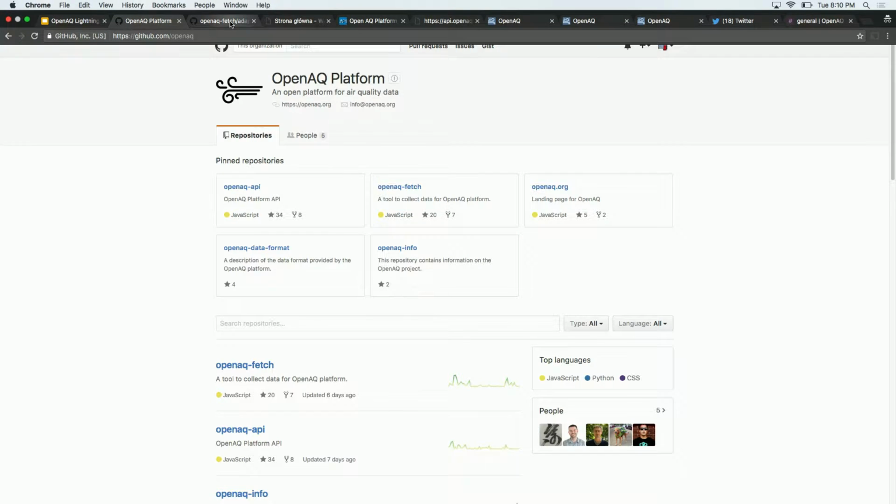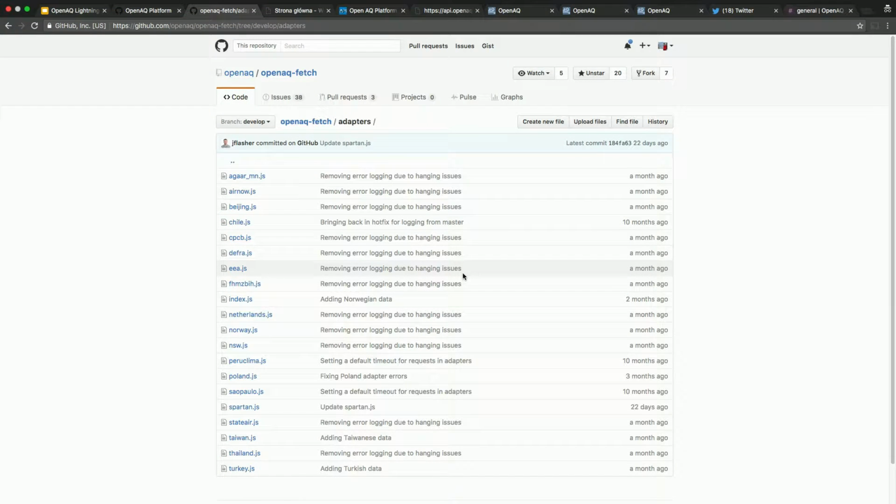So for fetch, the primary thing that needs to be done is kind of the problem we were talking about with Tableau, which is that you want the same information from all these sources. They measure 6 different pollutants. The one that most people hear about is PM 2.5, which is a big issue, especially in China and India, but also things like ozone.